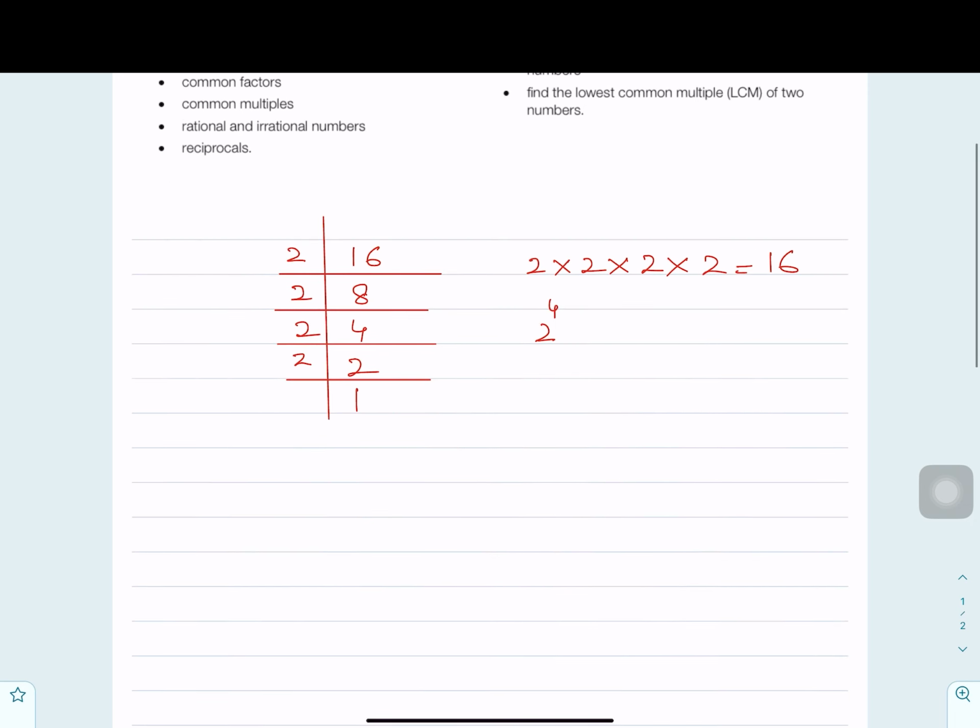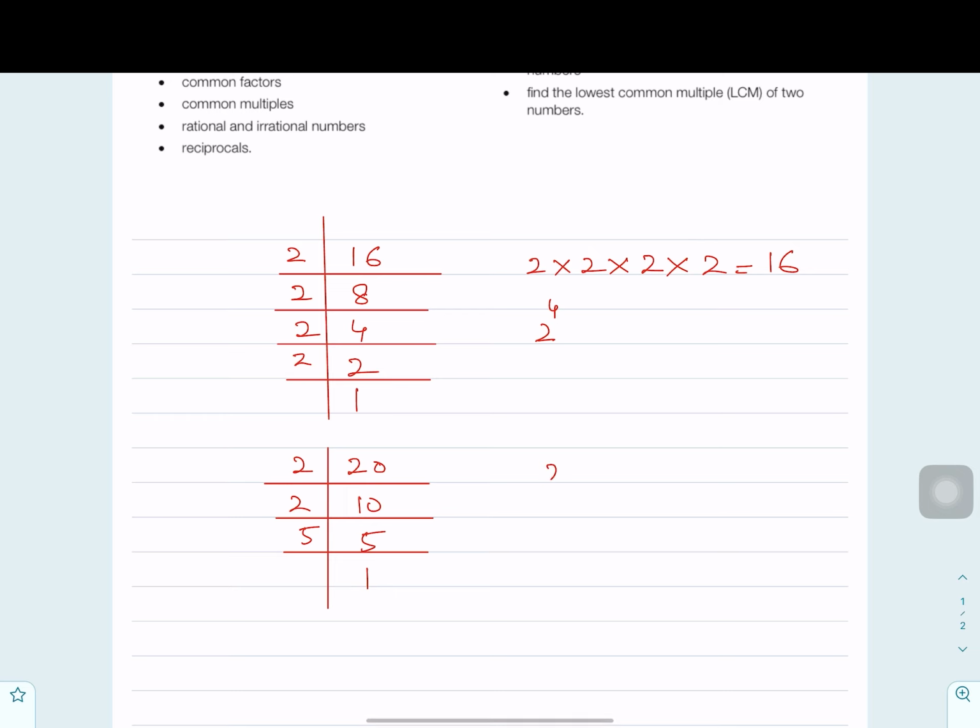Okay, similarly, you have another number. Let's say that number is 20. If you divide 20 by 2, that is 10. Again, divide 10 by 2, that is 5. When you divide 5 by 5, you will get 1.